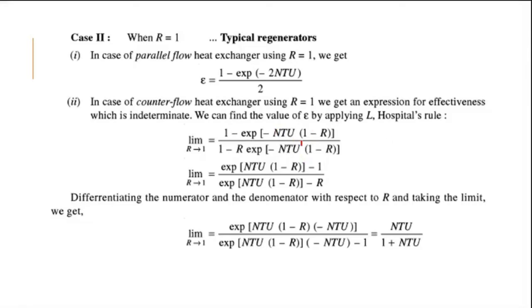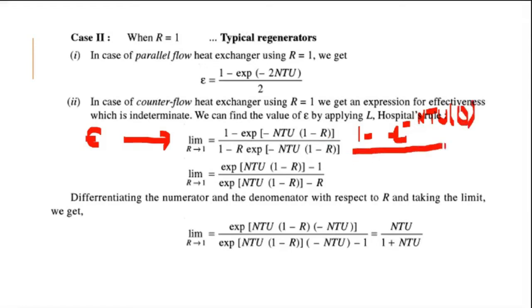We have R equal to 1. We are going to put R equal to 1 in the effectiveness relation. This is the effectiveness for the counter flow heat exchanger. If we put R equal to 1, the numerator becomes 1 minus e to the power minus NTU multiplied by 1 minus 1, which is 0, divided by 1 minus 1 multiplied by e to the power, again in this case, minus NTU multiplied by 0, which is nothing but 0.